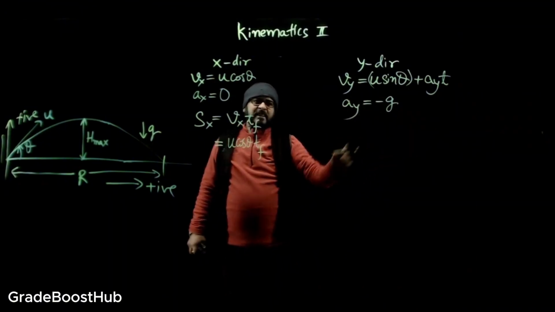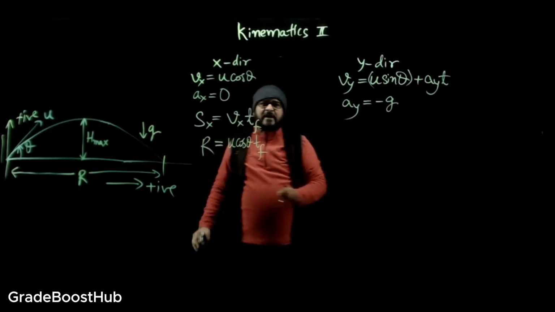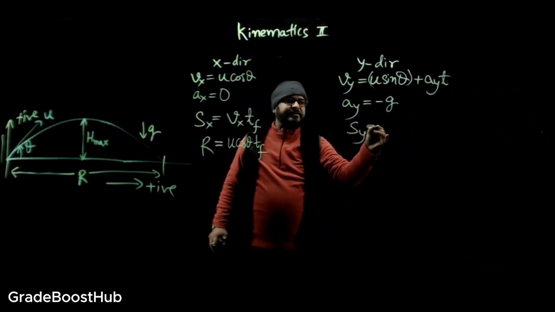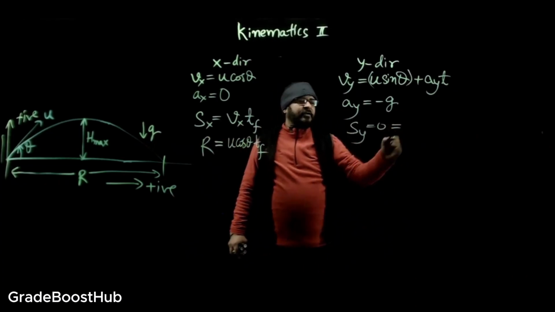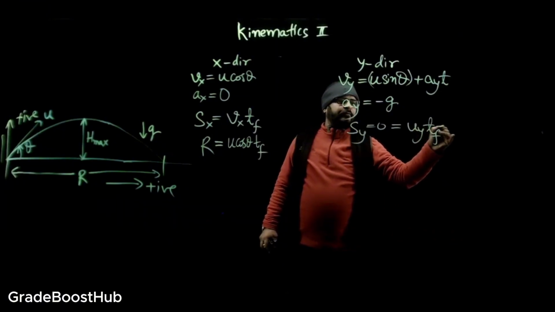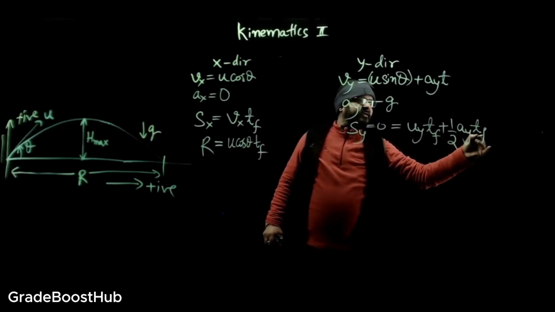Ay we know. Now, we are first interested to find the range. What happens at the range? The displacement in y is 0. What is the displacement in y direction? It is uy times time of flight plus half ay times time of flight squared.